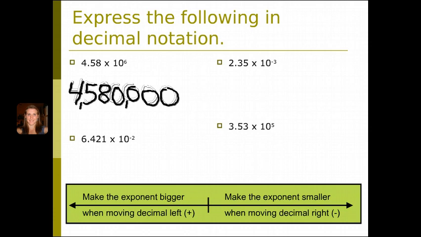The next one, we notice we have a negative exponent, which means we're going to add zeros to the front of this number without the decimal.